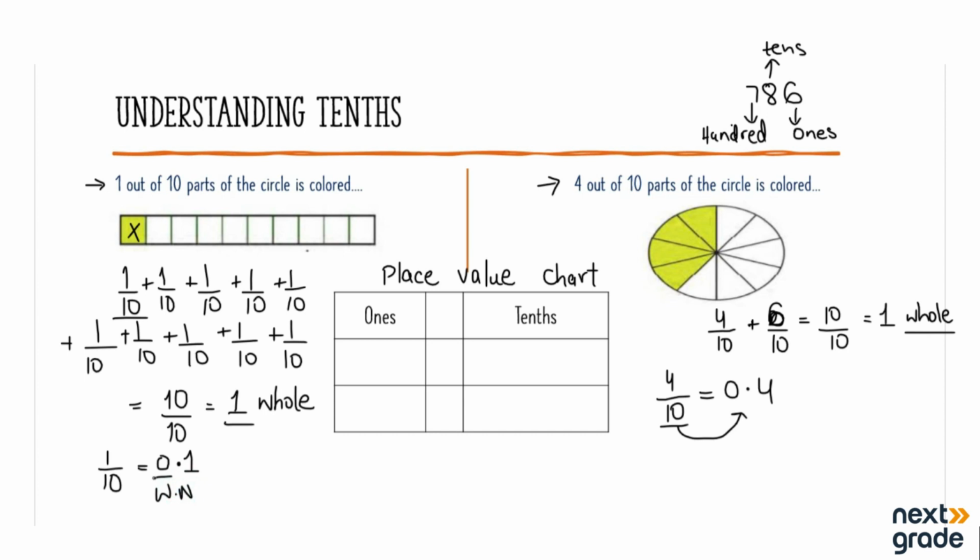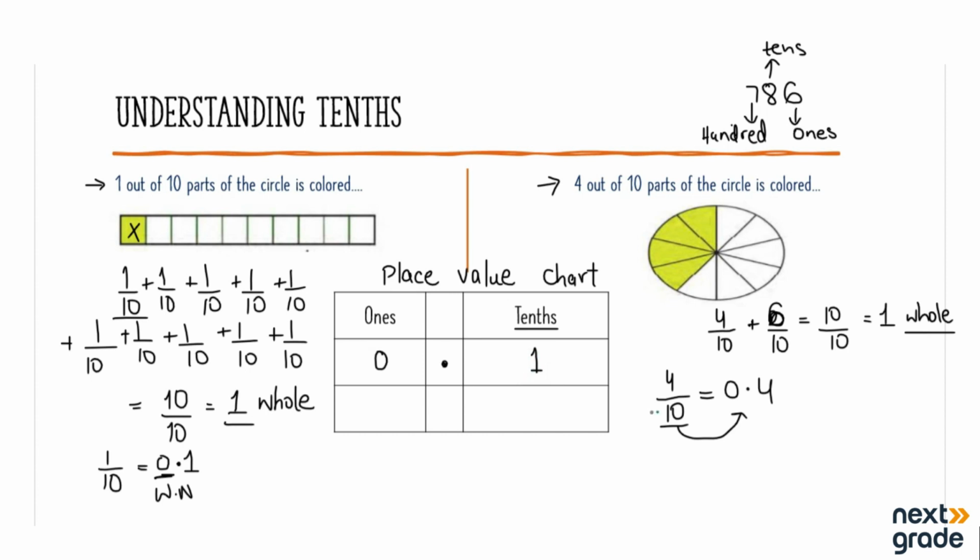So if we put this in the place value chart, we are going to put it under here, that is at ones place. After that, we put the decimal point, and then we come to the tenths place that comes right after the decimal point. जो decimal point के बाद फौरन से number आता है उसको हम tenths कहते हैं place value में. ठीक है, we're gonna write 1 over here.